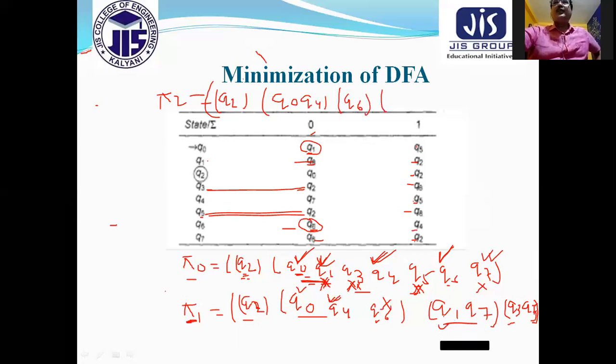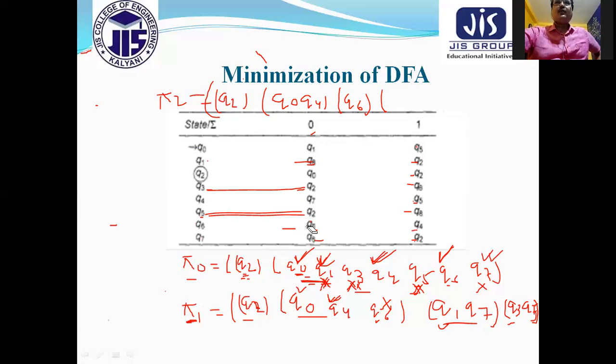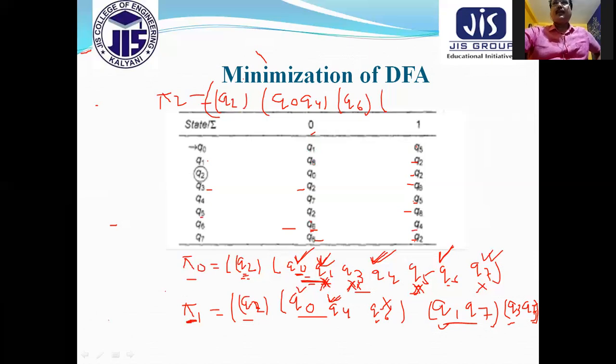Now check Q1 with Q7. Q1 belongs to Q6, and Q7 also belongs to Q6 there.